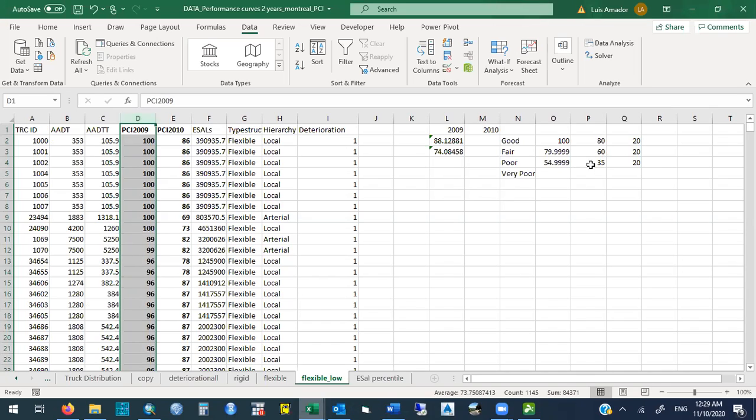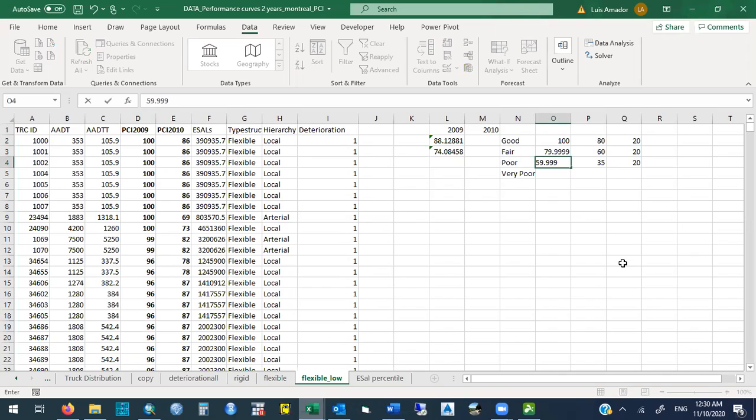You cannot make a range of PCI that doesn't make sense, right? Like I cannot go with my good all the way down to 60. My fair in 80 is a bit too high for my taste. My poor up to 60, 59.99 is a bit too high for my taste. But we can try.